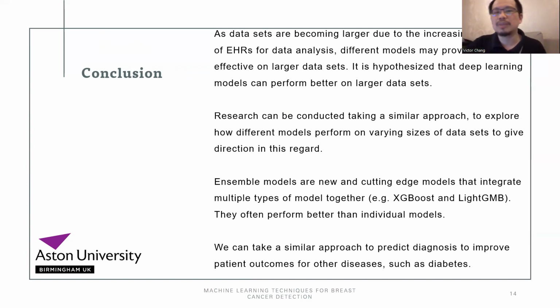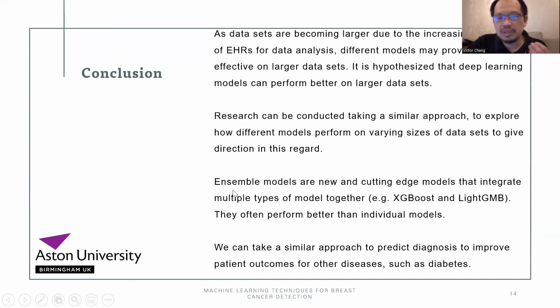Research can be conducted by taking approaches similar to this to explore how different models perform on varying sizes of data sets, to give direction in this regard. The data sets may become larger and more complex, so that we need a combination of several models to work together, and we may have to consider other types of AI and ML methods such as federated learning.